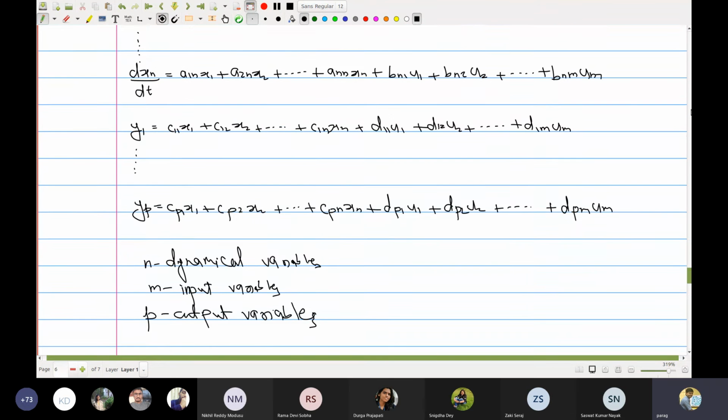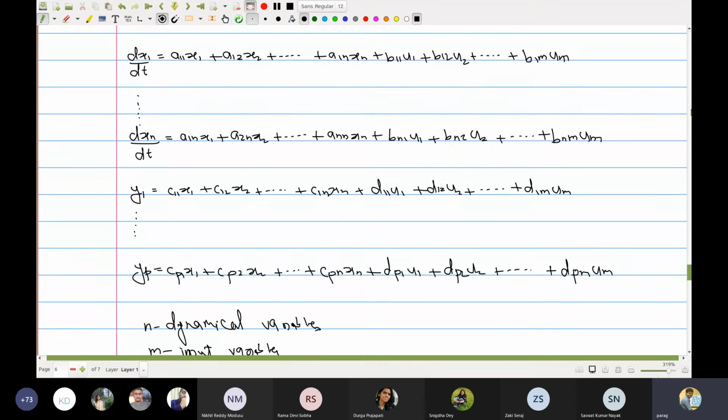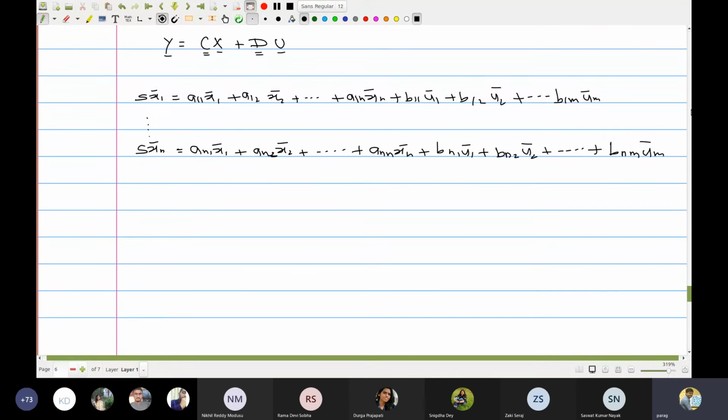From here to there, Laplace transform on both the sides.